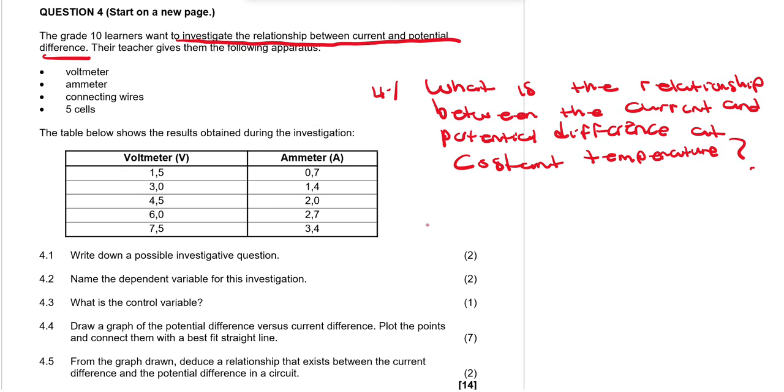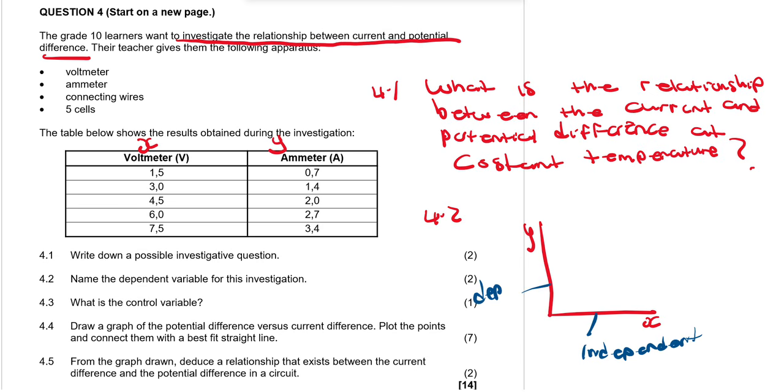Okay? And then 4.2. Write down the dependent variable. So, guys, check. This is X, this is Y. Always remember in maths, you have something like this: this is Y, this is X. We always know that whatever is on X is independent, whatever is on Y is dependent.